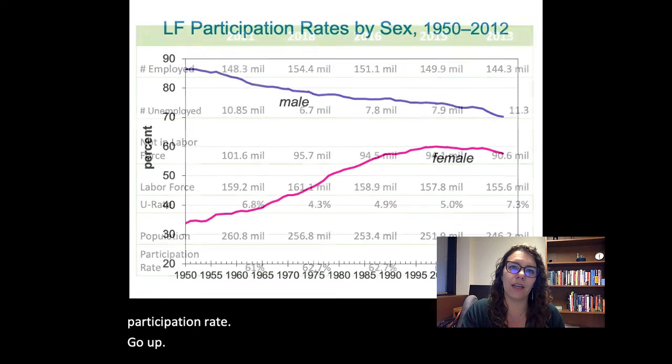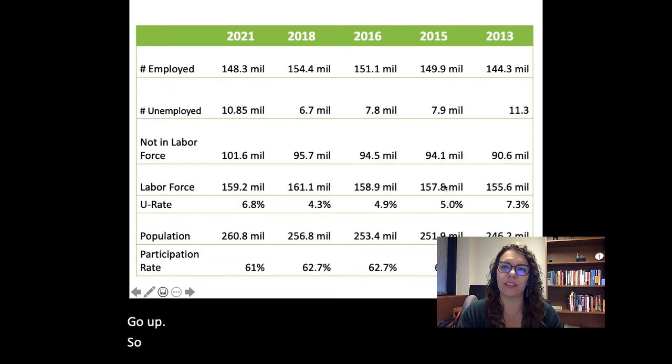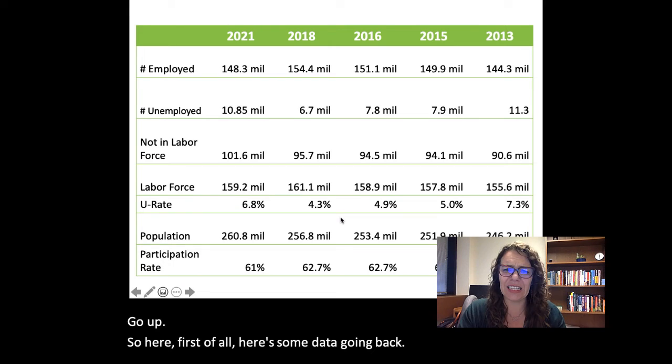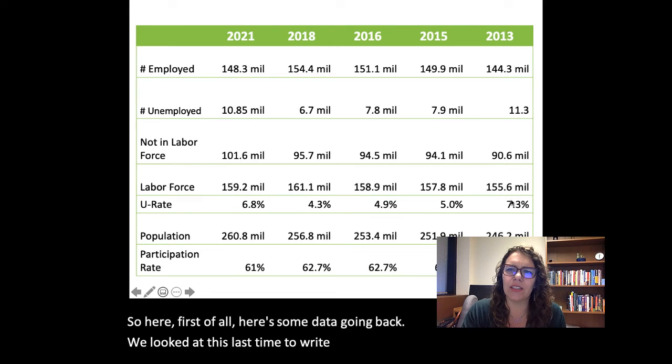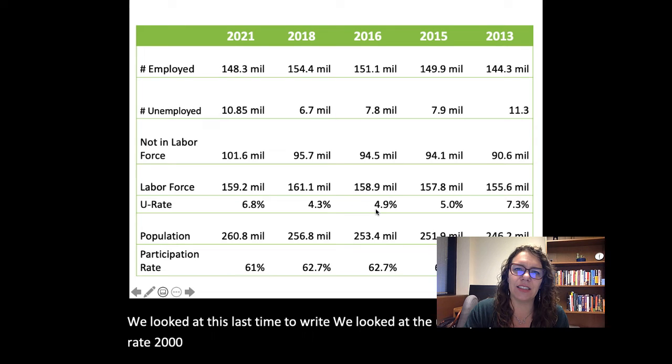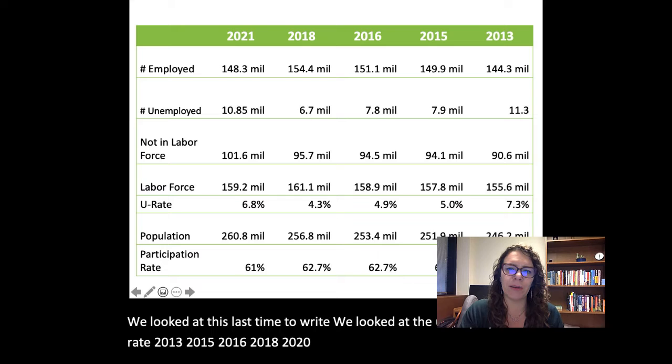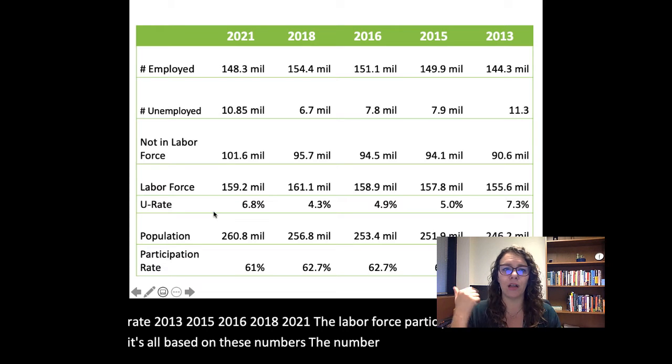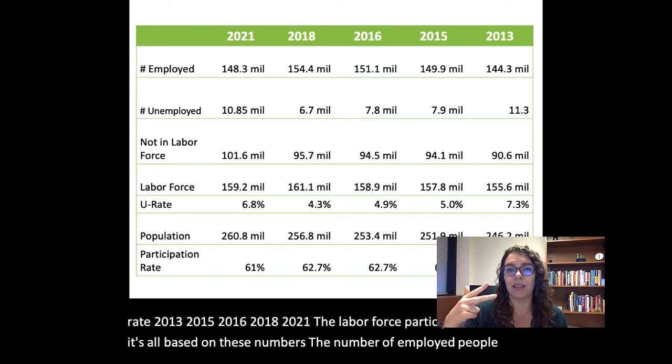So here, first of all, here's some data going back. We looked at this last time too, right? We looked at the unemployment rate for 2013, 2015, 2016, 2018, 2021, and the labor force participation rate, and it's all based on these numbers: the number of employed people, unemployed people, and people not in the labor force.